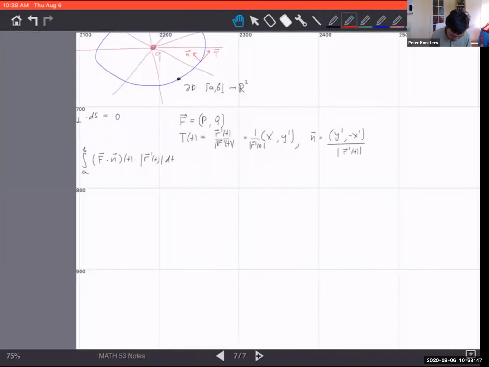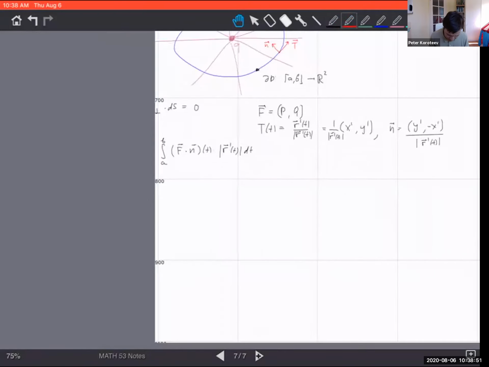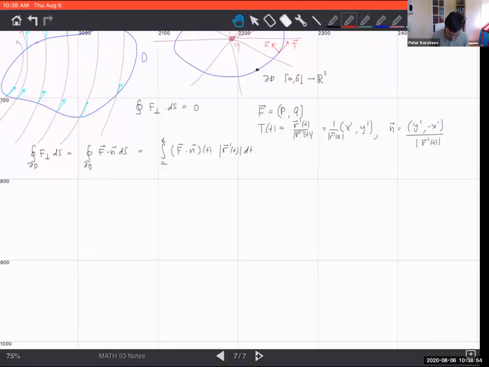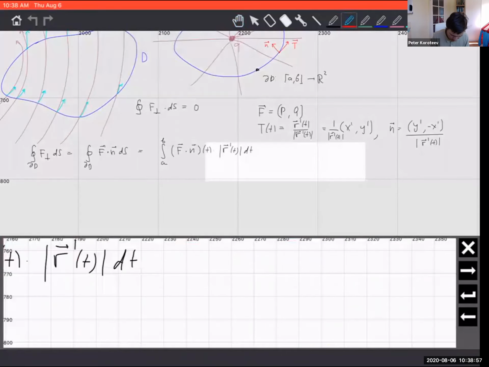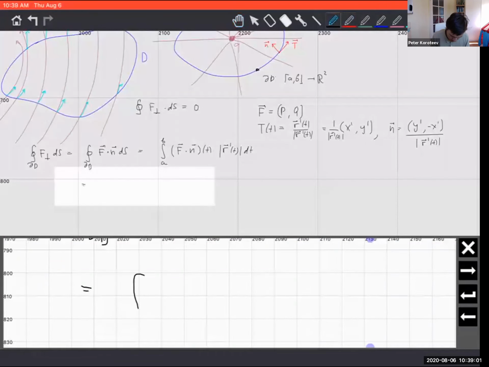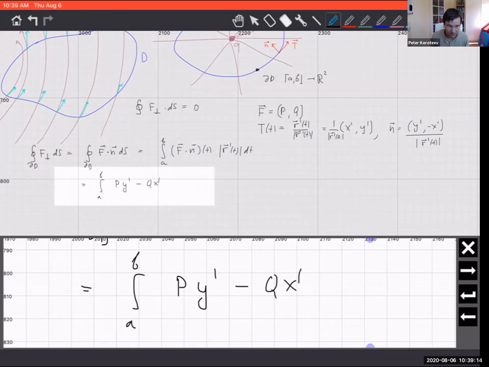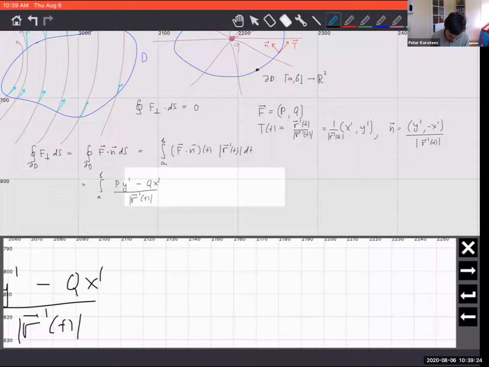Now we need to take the dot product of f and n and plug it into the formula, so we get the integral from a to b of p times y prime minus q times x prime, divided by the absolute value of r prime of t, multiplied by the absolute value of r prime of t dt.